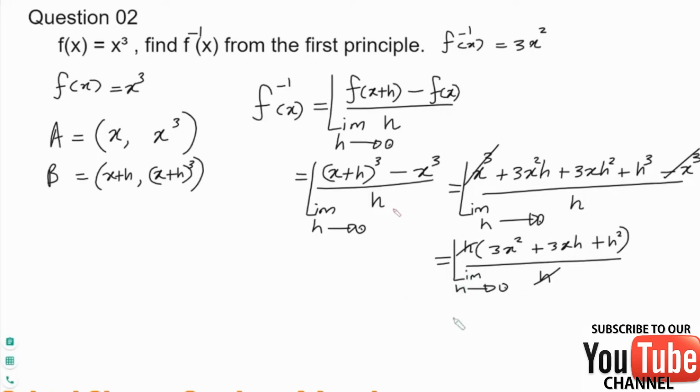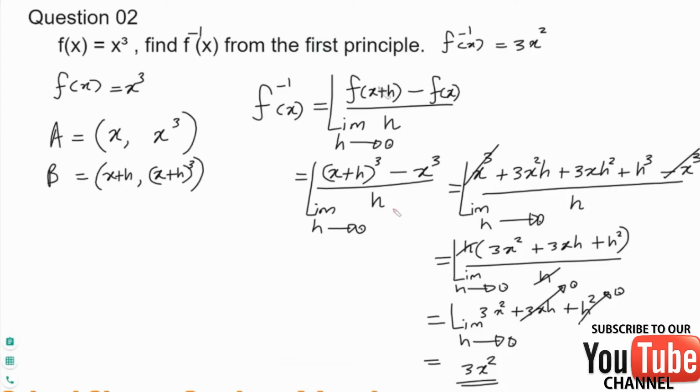And now I end up with limit of 3x squared plus 3xh plus h squared, and h goes to 0, right? Now if I substitute h equals 0, this becomes 0 and this becomes 0, right? So the answer is 3x squared. So that is the final answer for this question number 2.